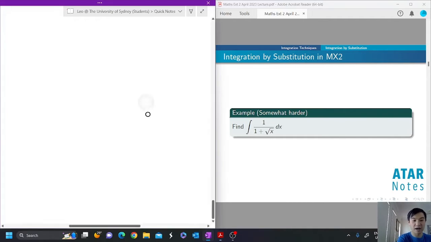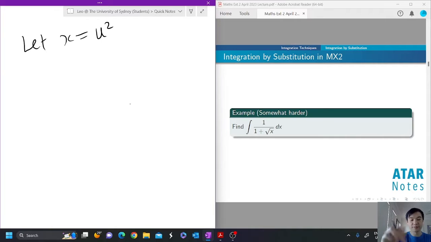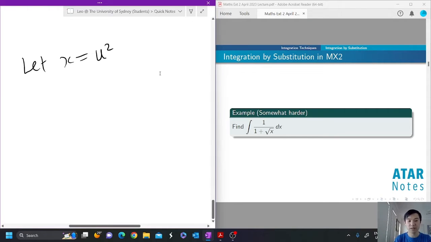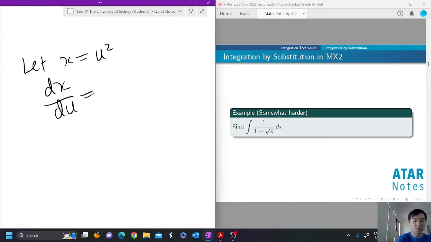What if I let x be equal to u squared instead? Because when we square something and we square root it, it will kind of go away. Let's try doing this. So I'm going to differentiate x with respect to u. So this will be 2u. So I can say that dx is simply going to be 2u du, like that.